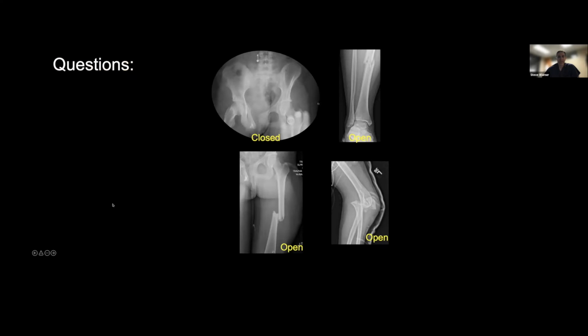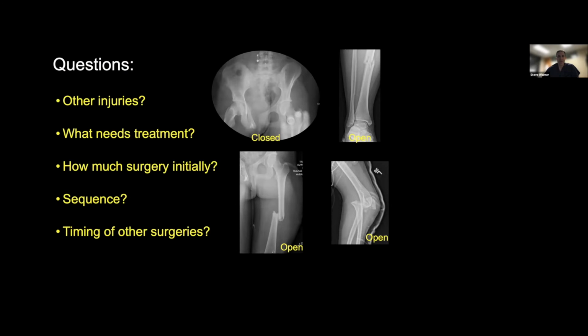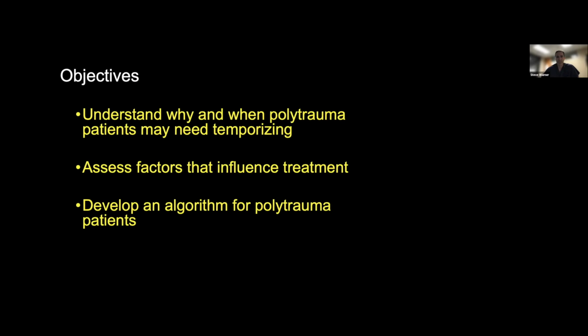As we go through this case, as you start to reflect on what you would do with a patient with these types of injuries, some questions that may come to mind are: what other injuries they may have, both orthopedic and non-orthopedic; what needs treatment during the first operation; how much surgery is okay to do during that initial operation; how do you sequence these types of injuries; and what about timing for other definitive fixation procedures.